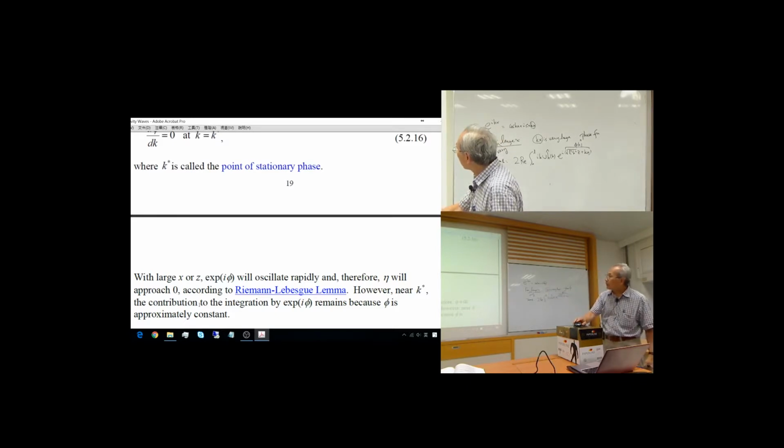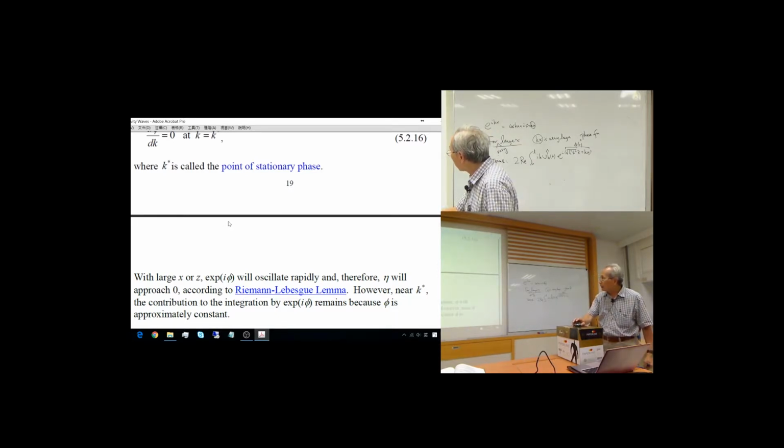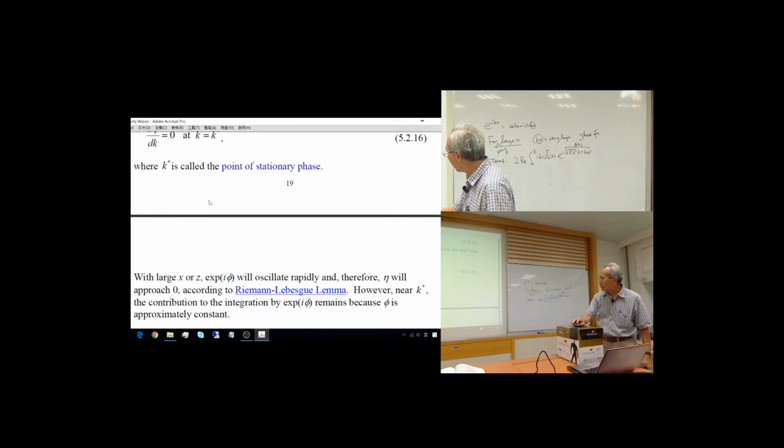If you just look at large x or large g, then this oscillates quickly, but except at that point, you are not going to get 0. So try to read this carefully. If you have questions, come to me and I will explain that to you.